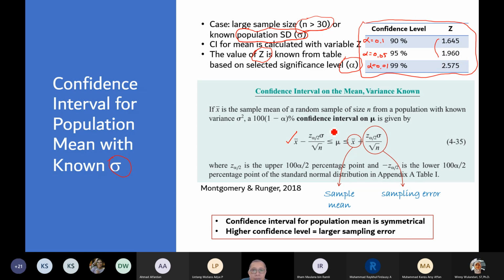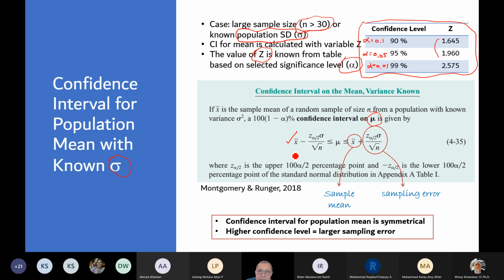Okay, so this is the formula for the confidence interval of mu. Again, let me re-emphasize that we never ever calculate confidence intervals for sample statistics. We only do that for population parameters. And this is the formula.